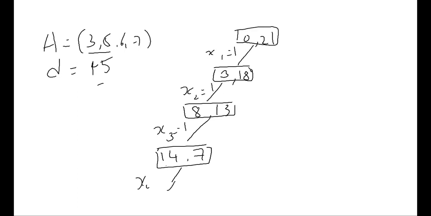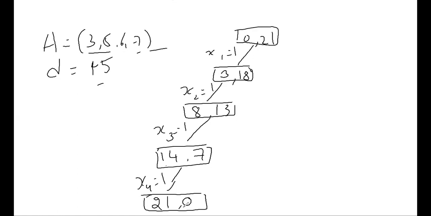So selecting x4 equal to 1, x4 is 7. 7 plus 14 leads to the value 21, comma, is there any other element left out? That is 0. Correct. Are you all understanding? Are you all getting the point? Okay. Fine.